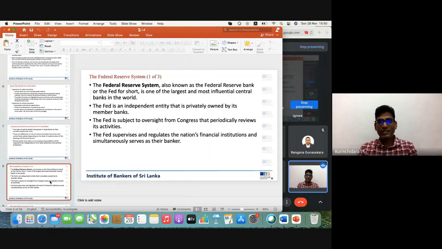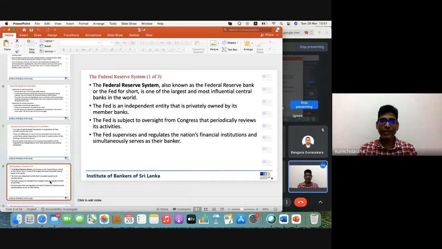In the US, we call it the Federal Reserve Bank. That's the central bank, and sometimes people call it the Fed. If somebody talks to you about the Fed, you should be able to understand that he is talking about the central bank of the United States, right? As I said, it's owned by member banks, but the US Congress can have oversight.